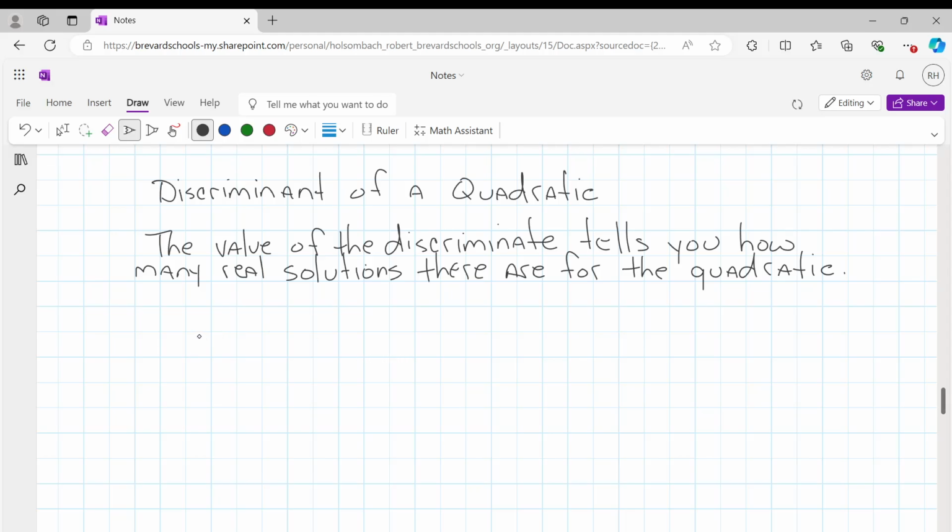In the quadratic formula, x is equal to the opposite of b plus or minus the square root of b squared minus 4 times a times c, all divided by 2a.